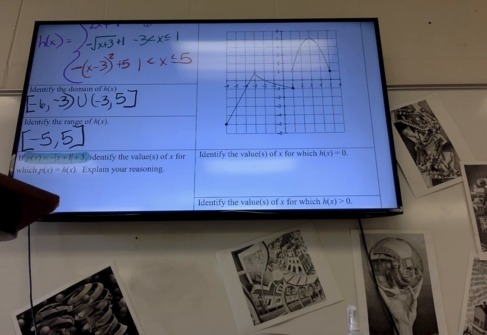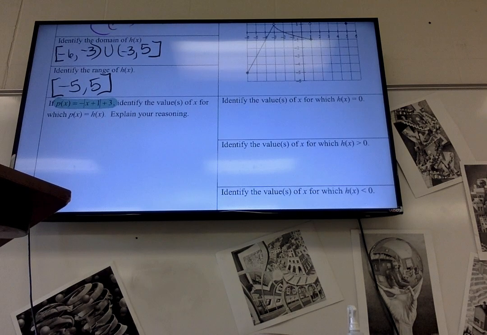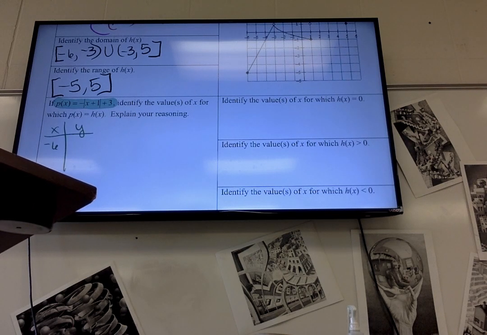I know that I got to go from -6 to -3. And then from -3 to 5, it's got to include all those domains. So I'm going to start with -6. And I'm plugging it into p of x.